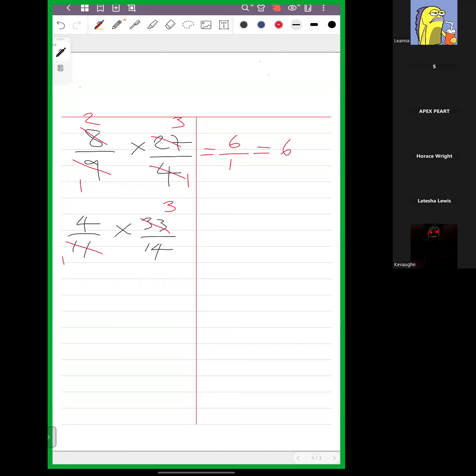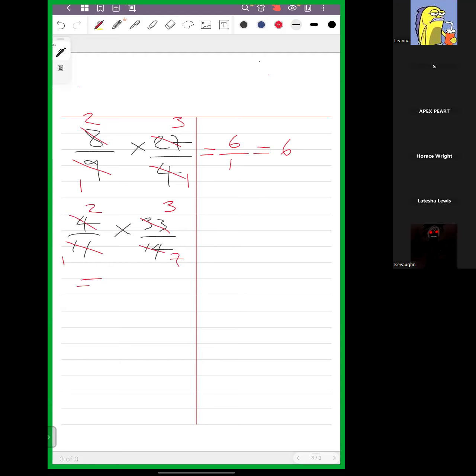However, there is a number that can go into 4 and into 14. So unlike example number 1, where the actual numbers that were there were used to cancel themselves, in this example the number can't cancel itself. There has to be a number that can go into 4 and 14. And in this case, we end up with the canceling factor being 2. So 2 into 4 goes 2 times, and 2 into 14 goes 7 times.